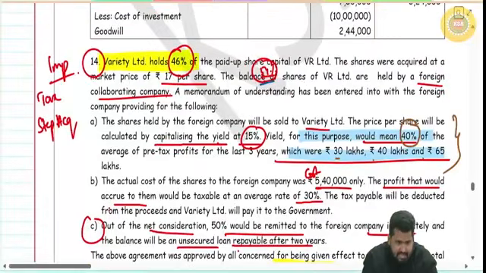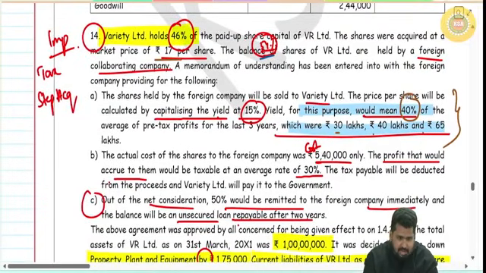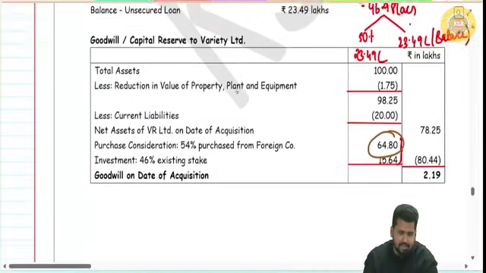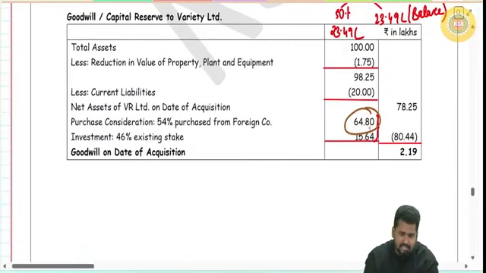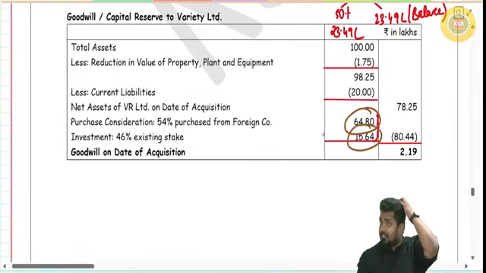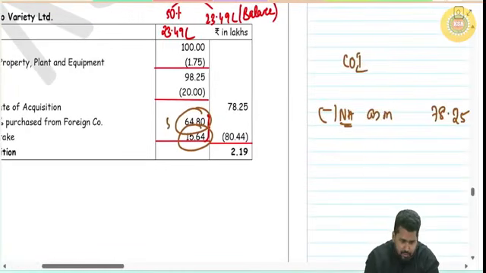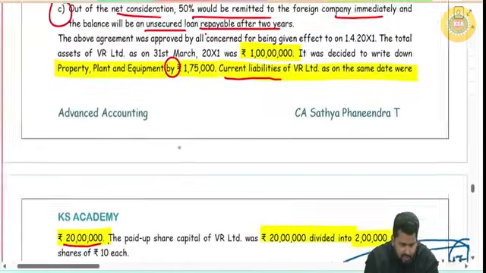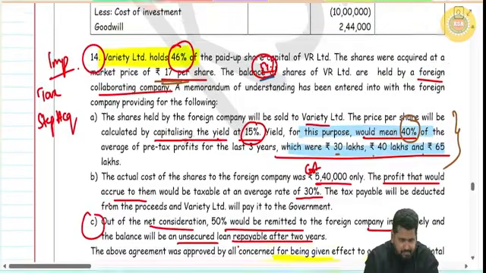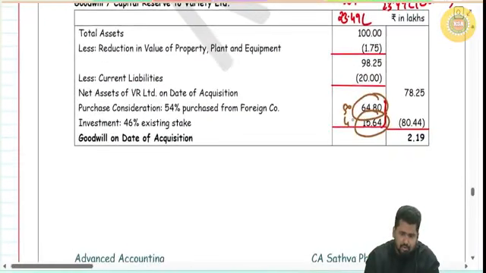For that, how much did you pay? It is given at the start of the question. For the 46%, we have 17 per share, which comes to 15.64. So for the new 54% it is 64.8, and for the earlier 46% it is 15.64.